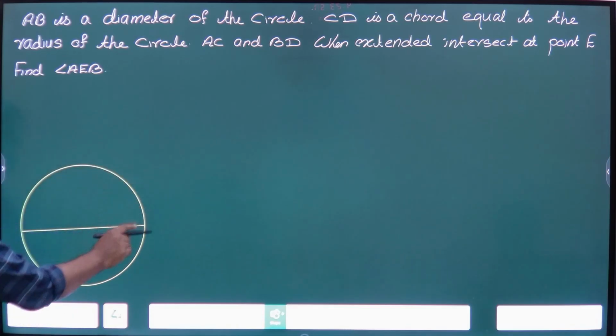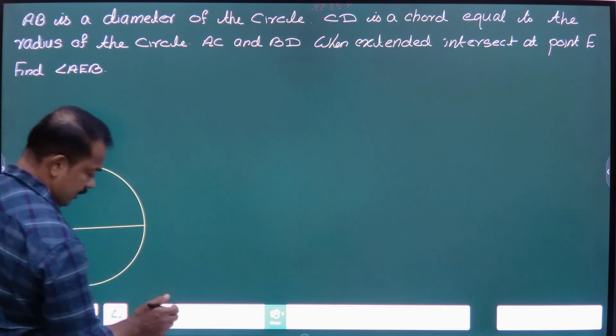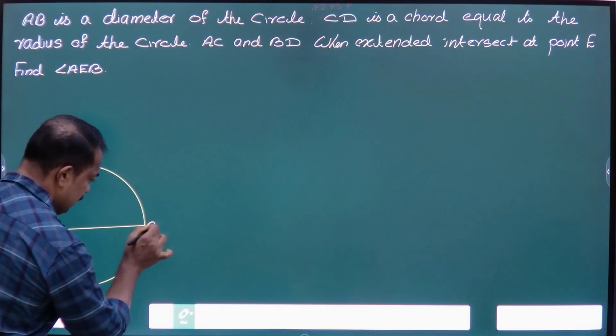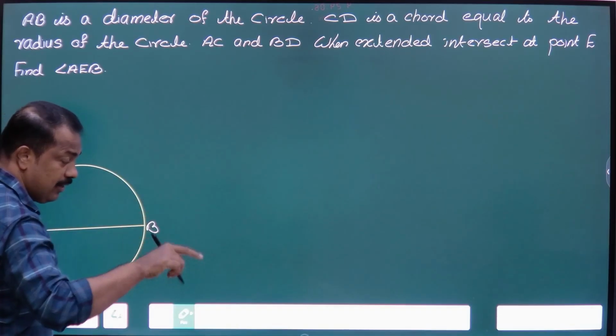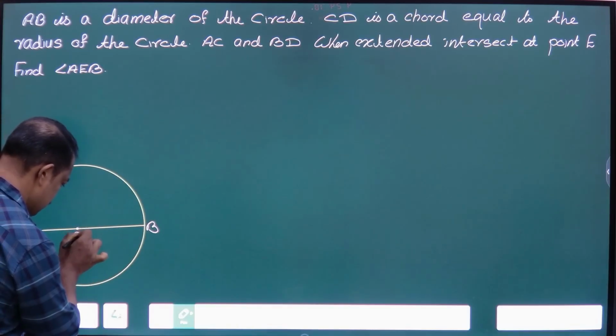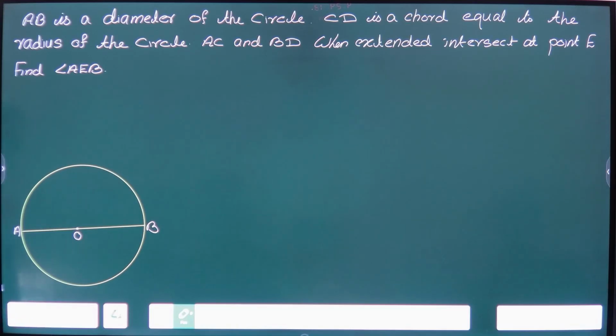First draw a circle. In this circle, AB is the diameter. The diameter always passes through the center. O is the center of the circle.